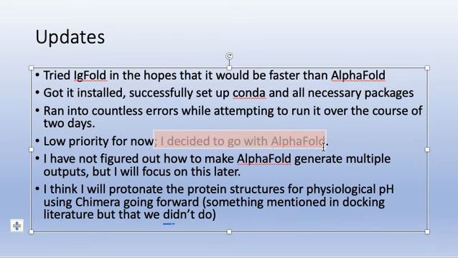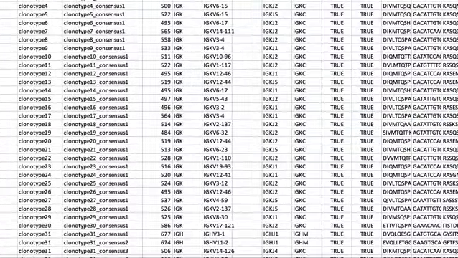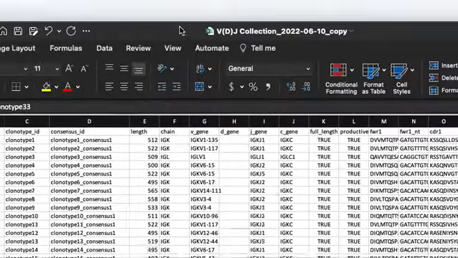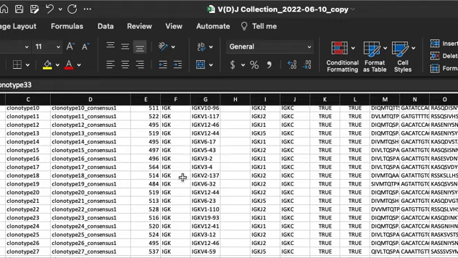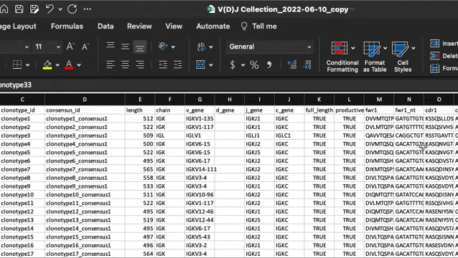I submitted all of the structures with frequencies greater than 2 from the most recent VDJ, the one from June of this year. So all the clonotype sequences. I got their variable heavy and variable light for all the viable ones that had both heavy and light chains.